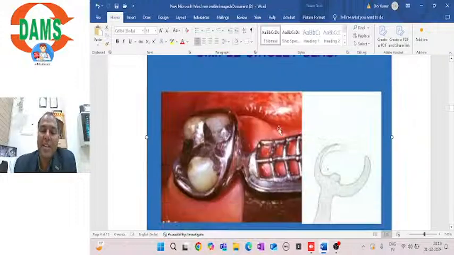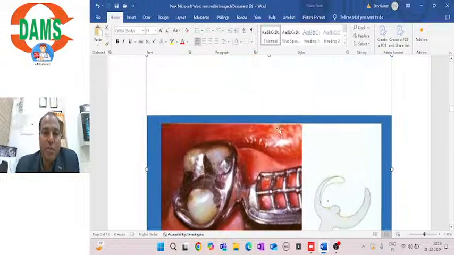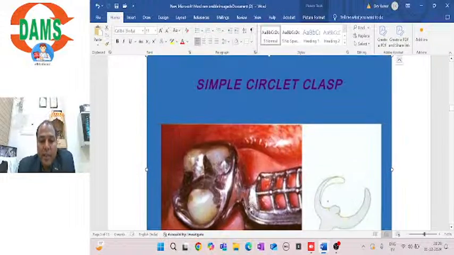I'm just touching each and every topic. Now what is this clasp? Okay, so if you see that it is a simple circlet clasp, there's an edentulous area and the clasp is taking support of the undercut that is in the far zone, that is away from the edentulous area.